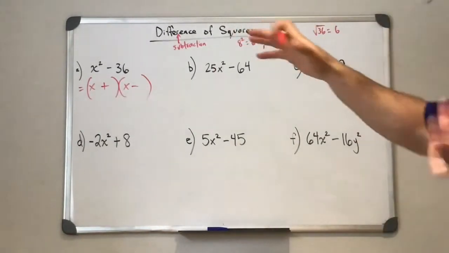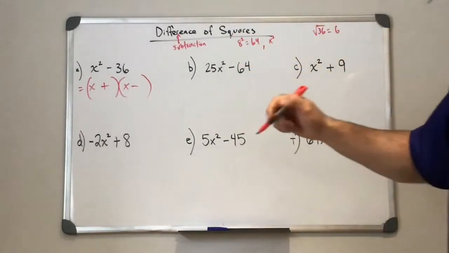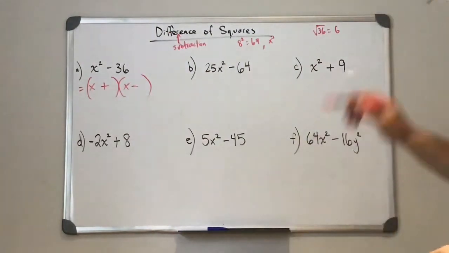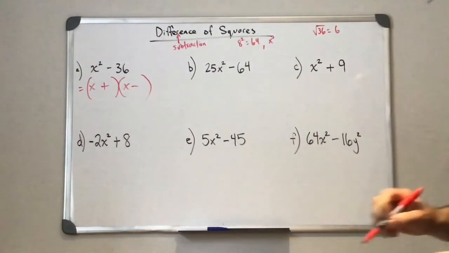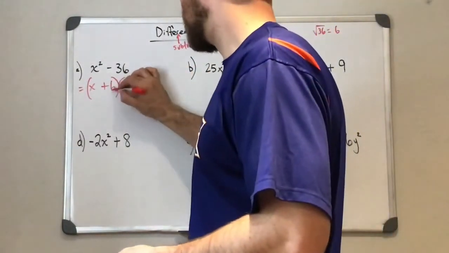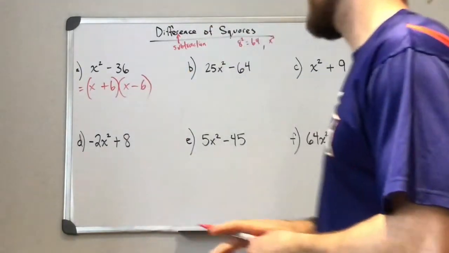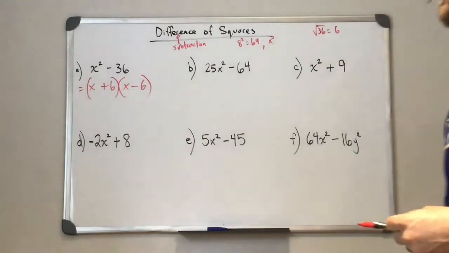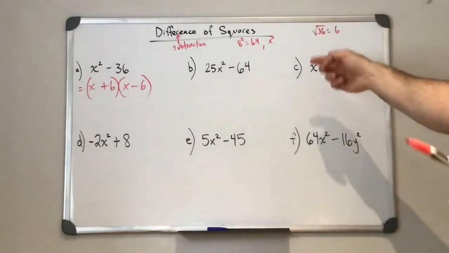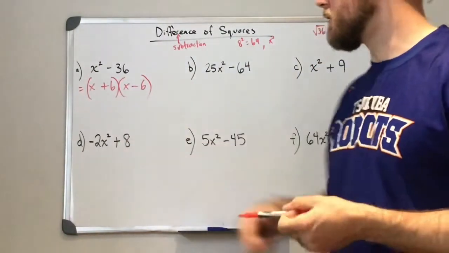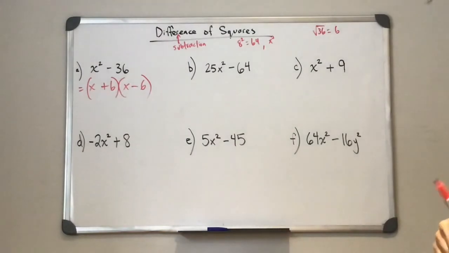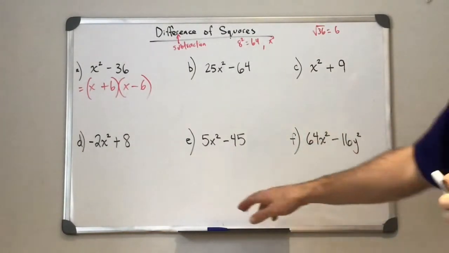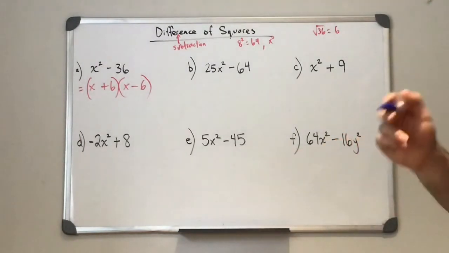It's always going to follow these steps. Lastly, the square root of 36 is 6, so I'm going to add 6 and I'm going to minus 6. So x squared minus 36 using our difference of squares factoring method is going to be x plus 6 and x minus 6. Now, just like before with common factoring, we can always double check.